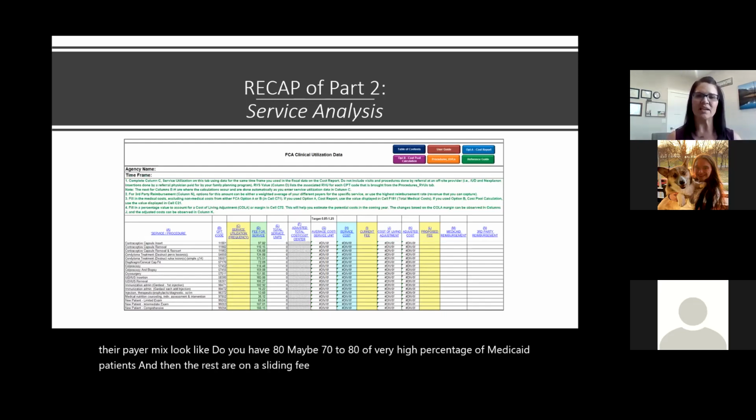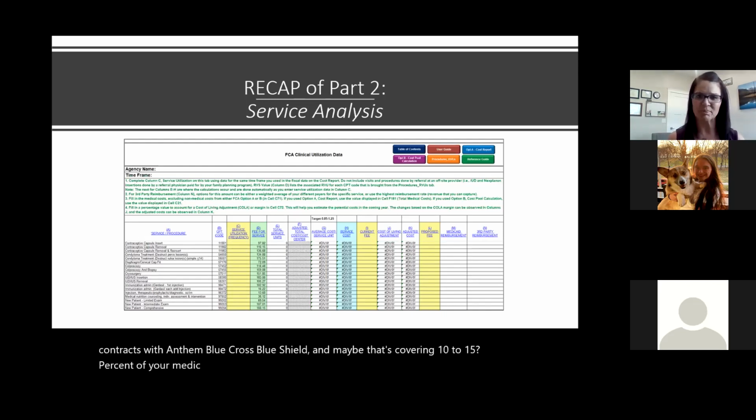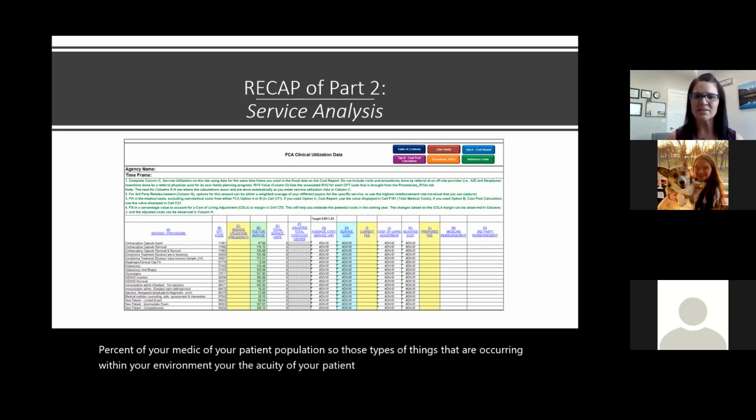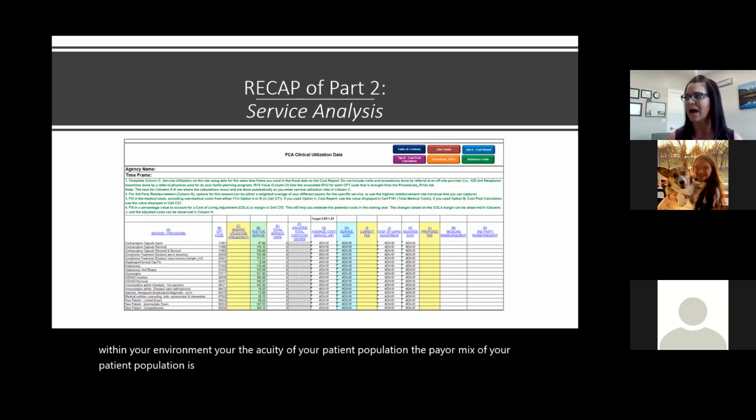Or do you actually have some contracts with Anthem Blue Cross Blue Shield, and maybe that's covering 10 to 15% of your patient population. So those types of things that are occurring within your environment, the acuity of your patient population, the payer mix of your patient population is definitely going to impact where we end up when we decide, okay, this is our proposed fee.